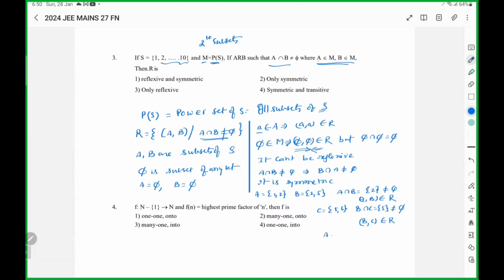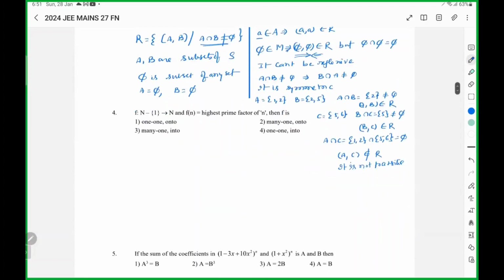But A intersection C, if you take {1, 2} intersection {5, 6}, is empty, that means (A, C) is not there in the relation. So the answer is it is not transitive. So it's purely a symmetric relation.